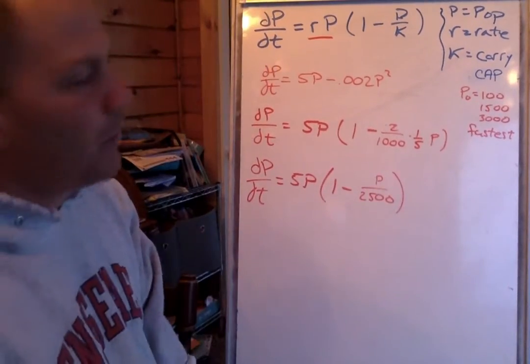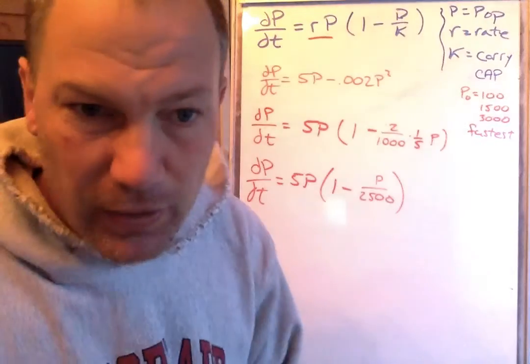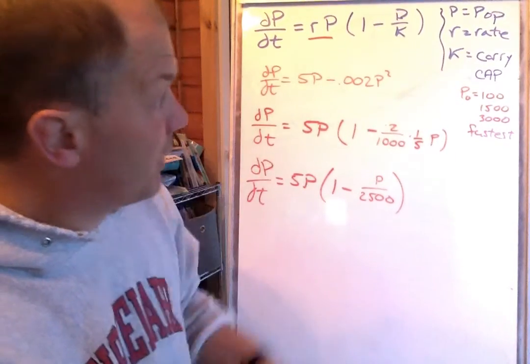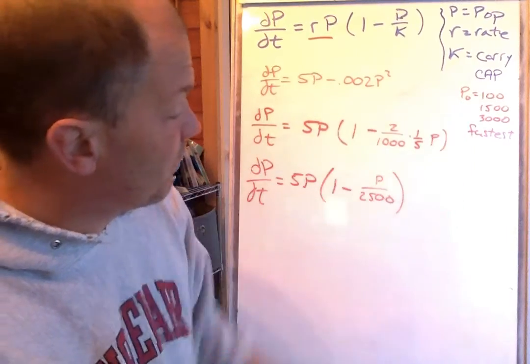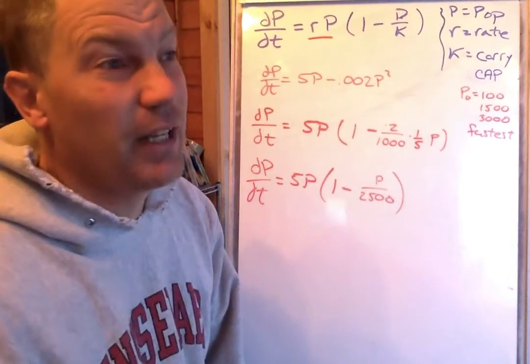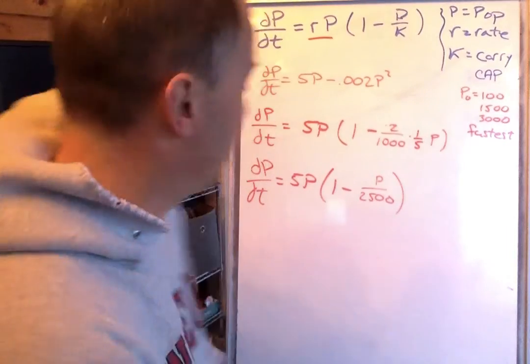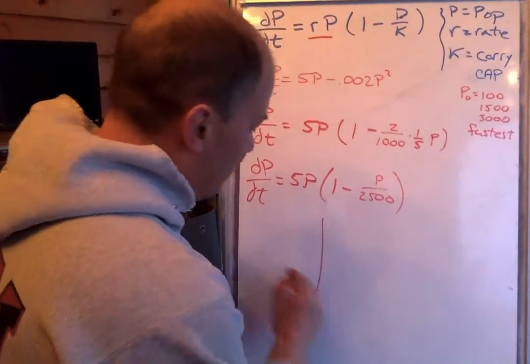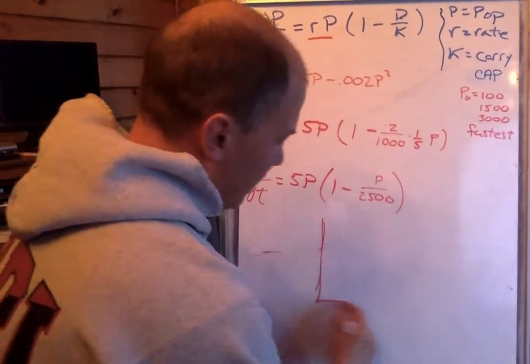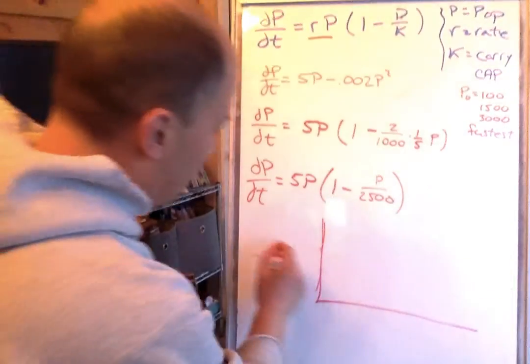So now, if we start answering the question, I don't even remember what the problem was about, but they said, when p naught is 100, what is the carrying capacity, or what is the limit as t approaches infinity when p naught is 100?